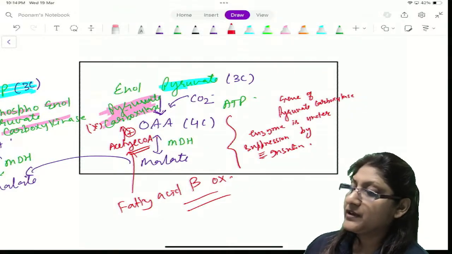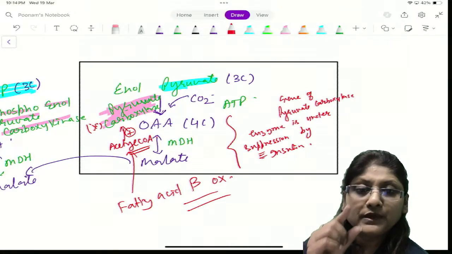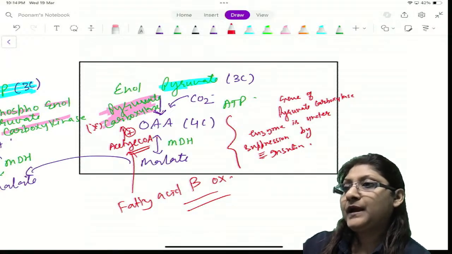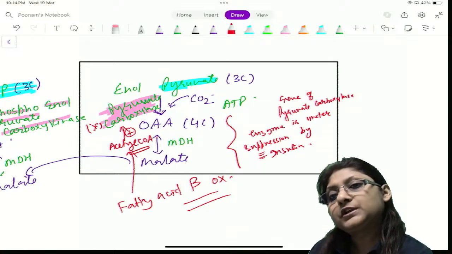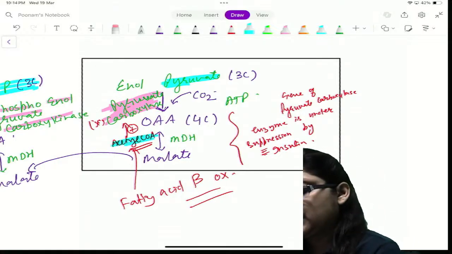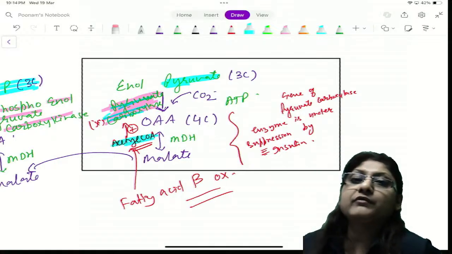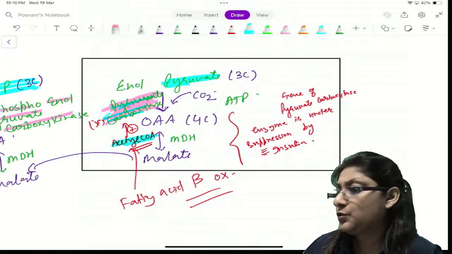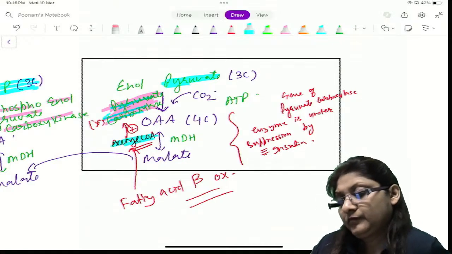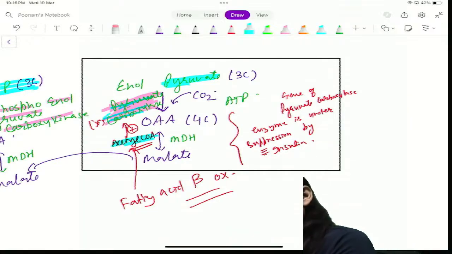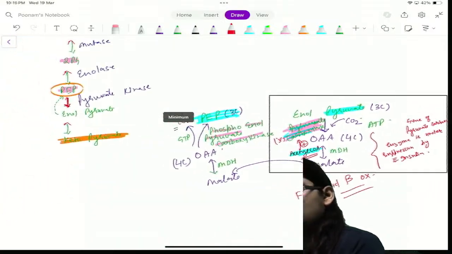And that is the reason they say that if you want to make glucose in the liver, you must have a background of fatty acid beta oxidation, because it is going to provide acetyl-CoA, which will activate the pyruvate carboxylase enzyme, which will convert pyruvate to oxaloacetate. Thereafter, the process of gluconeogenesis will begin. So these points regarding pyruvate carboxylase activity, you must know.